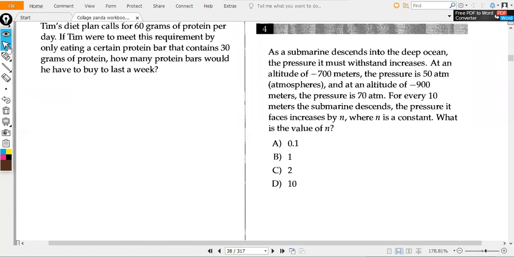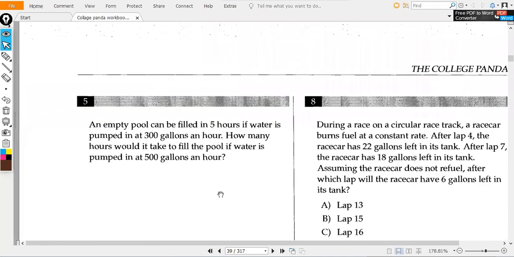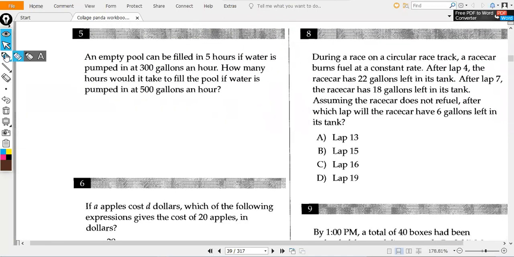Let's go to the next one, number 5. Here we have an inverse variation. Why? Let's read it. An empty pool can be filled in 5 hours if the water is pumped in at 300 gallons an hour.